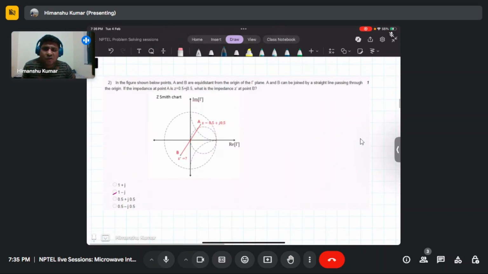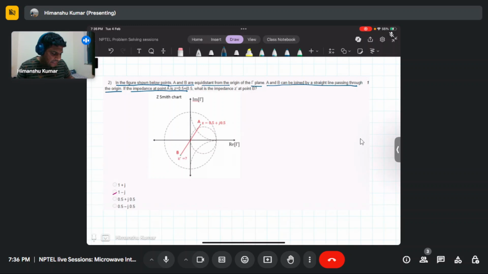This was straightforward, related to the content from the class lectures. In the figure shown below, A and B are equidistant from the origin of the gamma plane, and A and B can be joined by a straight line passing through the origin. If the impedance at this point is this one, what is the impedance at point 1?